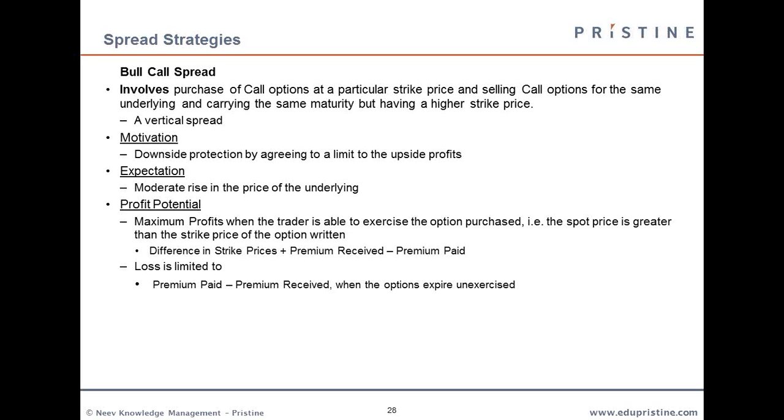Bullish belief means we are expecting a rise in the price. So if we expect a rise in the price, we try to purchase a call option at the lower strike price, so that if the price increases, we can execute that option and gain a profit. But also, we are trying to limit the gains and the losses by selling the call option at the higher strike price.